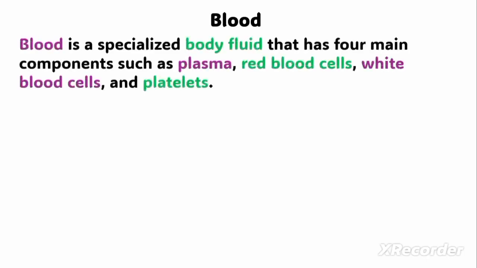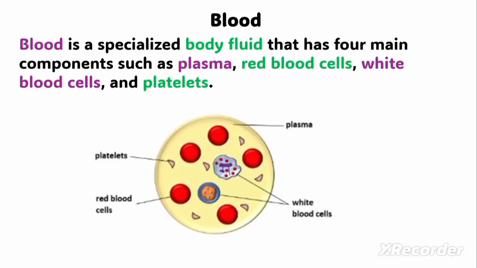Blood is a specialized body fluid that has 4 main components: plasma, red blood cells, white blood cells, and platelets. As we can see, the diagram shows plasma, white blood cells, platelets, and red blood cells.